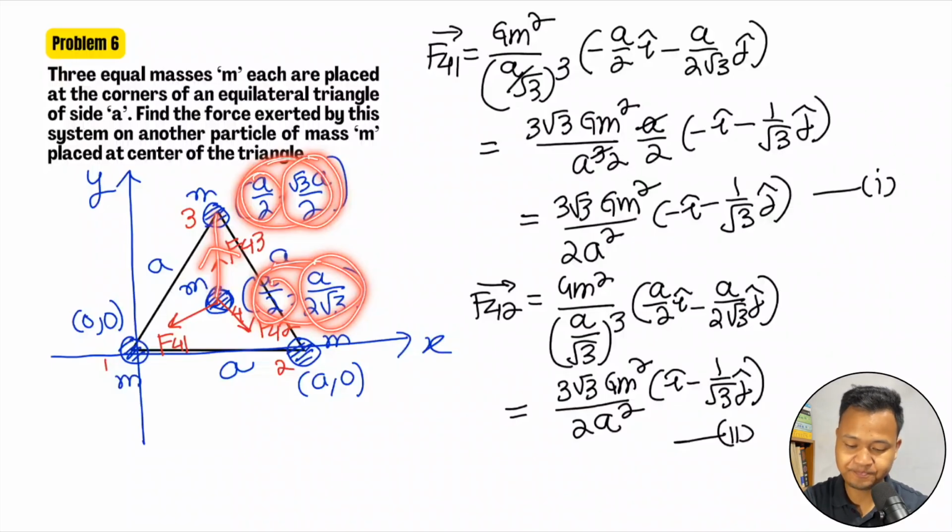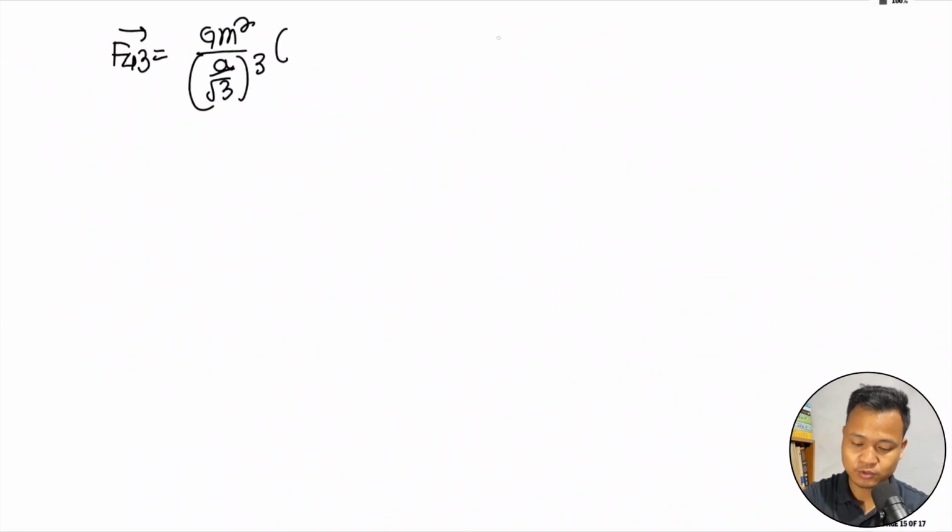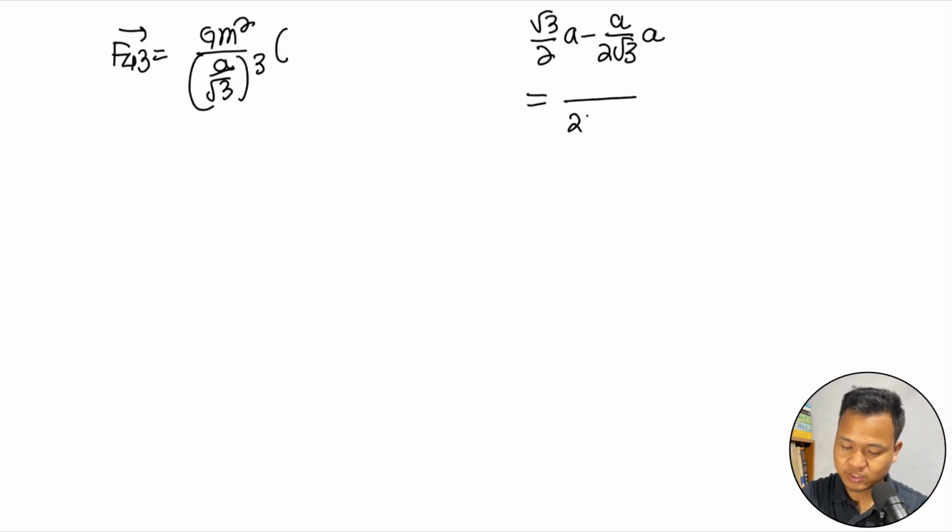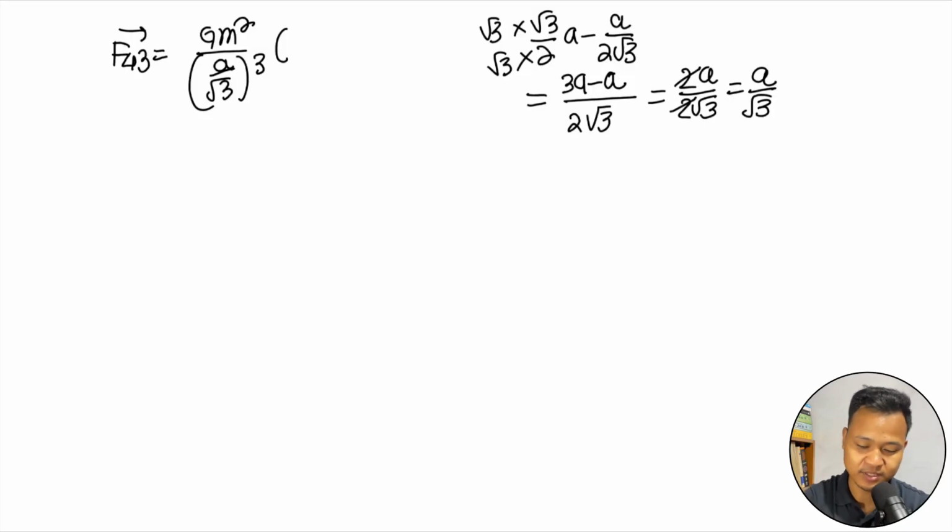LCM is 2 root 3, so multiply by root 3, so I will have here 3a minus a. Okay, so here I will have 2a divided by 2 root 3, so 2 cancels out, a by root 3.